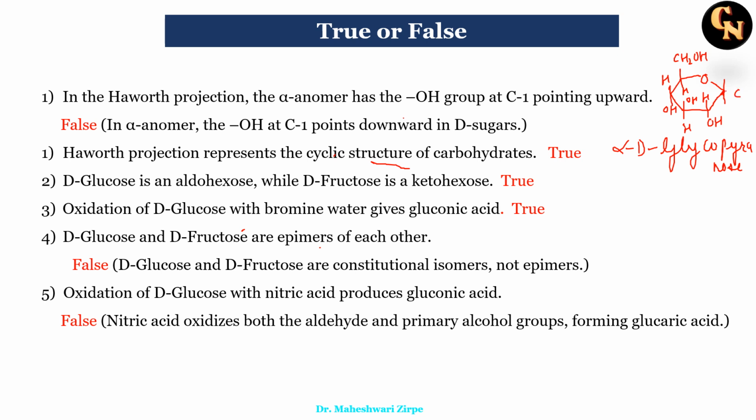So here this is your C1 carbon. In this C1 carbon, if the OH is above, then it will be beta, and when we are writing alpha means OH should be down. Okay, so if OH is down, then we say it as alpha, and beta indicates that OH is upwards.